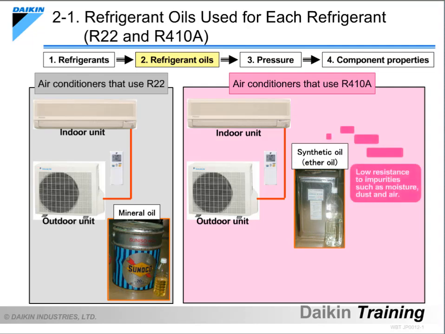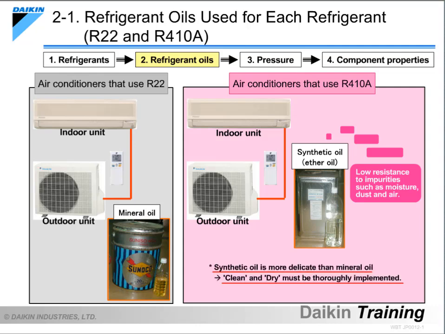Synthetic oil readily absorbs moisture and is more adversely affected than mineral oil when contaminated by dust or air. Therefore, the basic principles of refrigerant piping work, clean and dry, are even more important than they were conventionally.